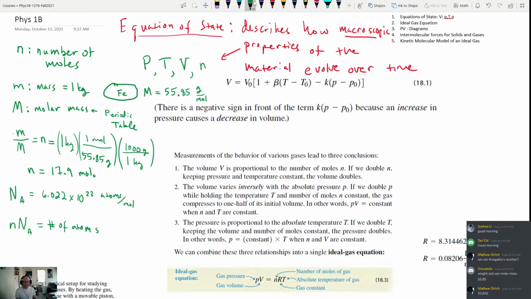Really, if you think about it, all you need to do is find a conversion factor to get grams per atom. Is there any way you could put together some of the numbers on the board here to get grams per atom? How could you get grams per atom?